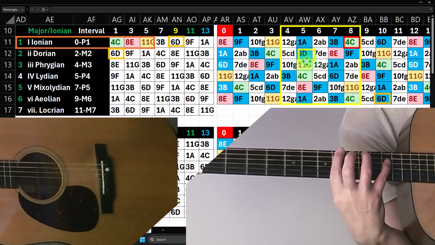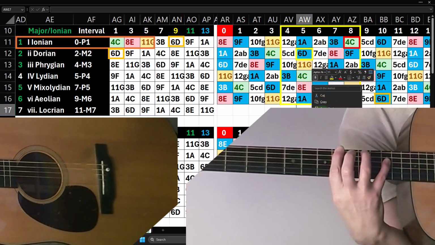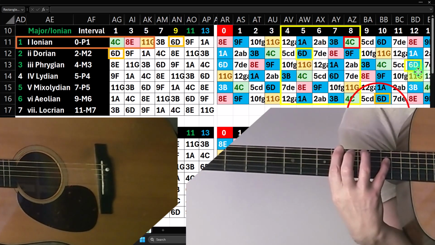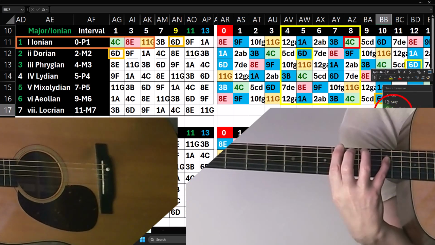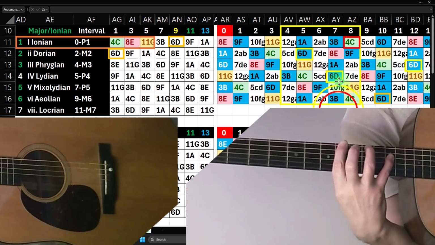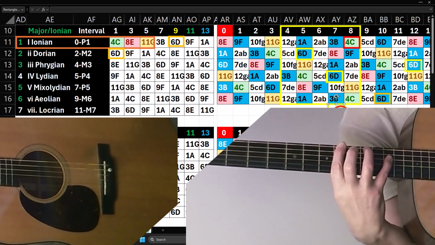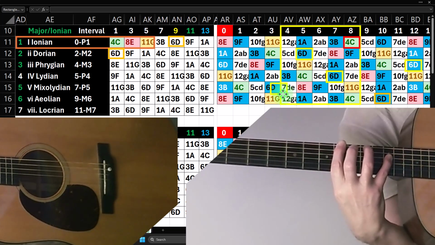I could say there's that one, copy, and then paste. There's that one, and then paste, and then there's that one, and then paste, and then there's that one.